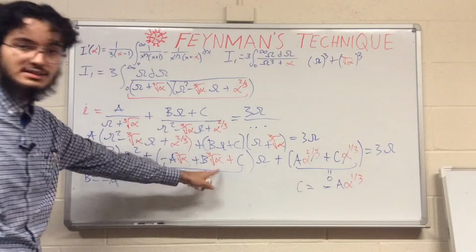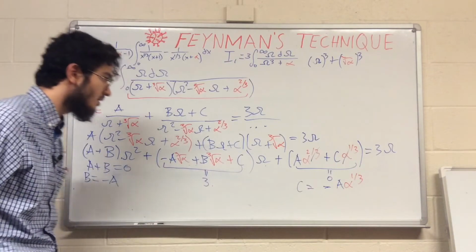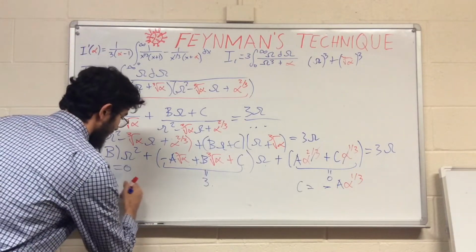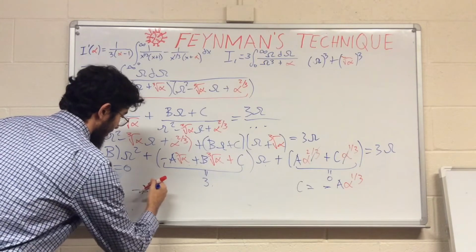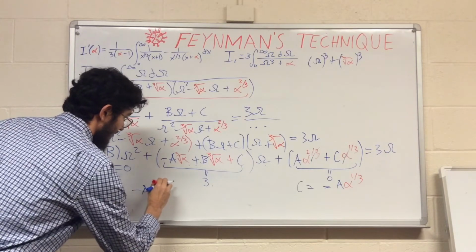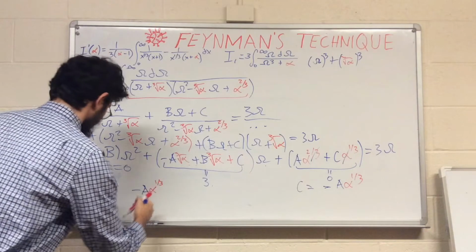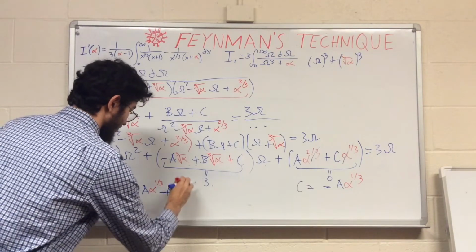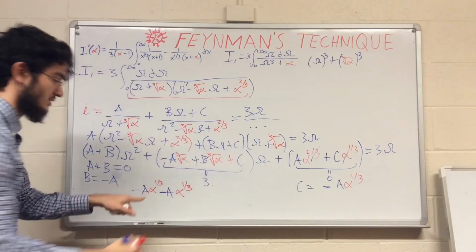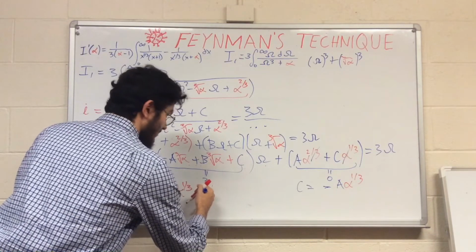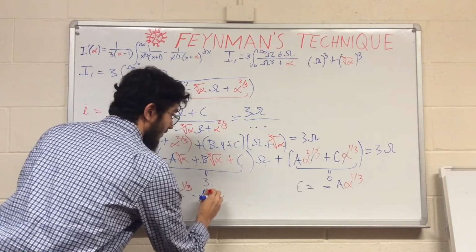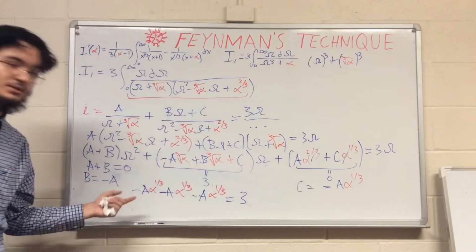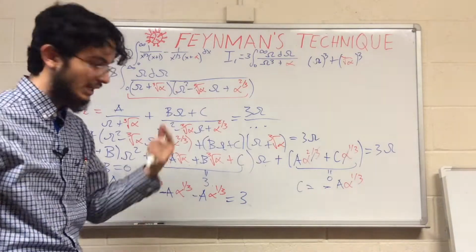So we plug that into this equation over here, which is equal to 3. We get negative A times alpha to the 1/3, plus B, which is negative A, so minus A times alpha to the 1/3, plus C, which is minus A times alpha to the 1/3. All of these are the same, and that equals 3, so the 3 cancels out.